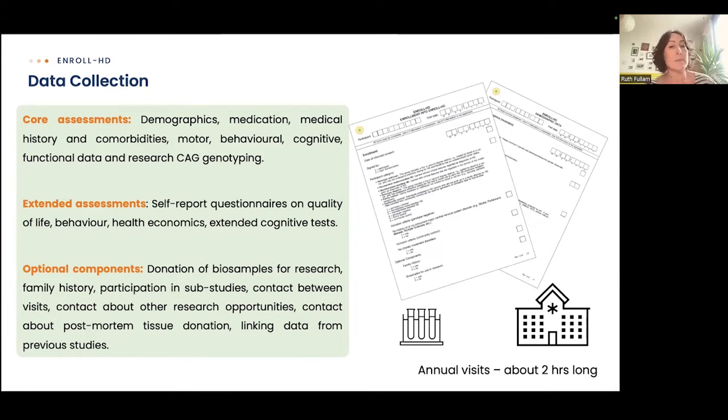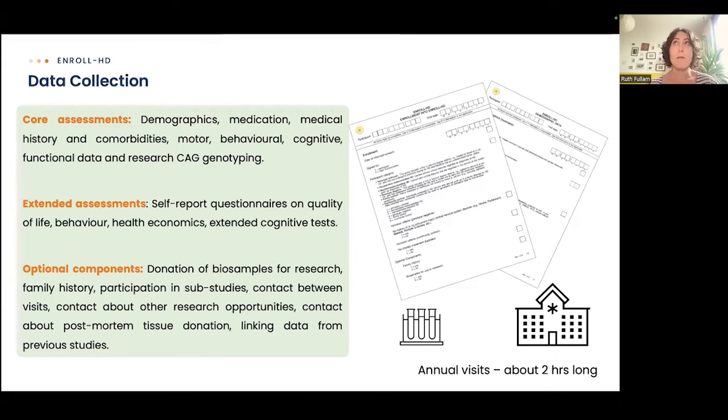And these core assessments are things like demographic details, medication, medical history, comorbidities, so what other kind of diseases or conditions that people may have. We look at how people are moving, and we ask questions about behavior and mood. We do some pen and paper cognitive tests of thinking.